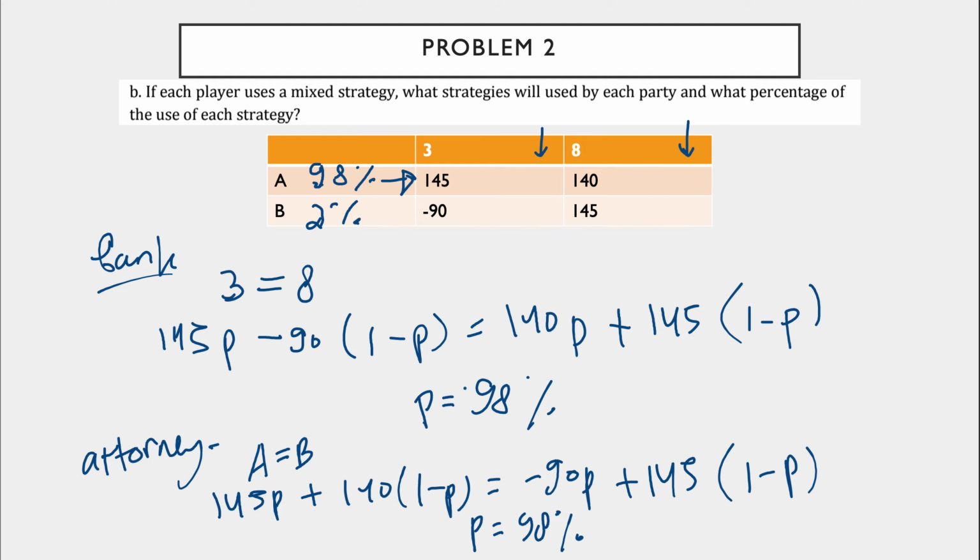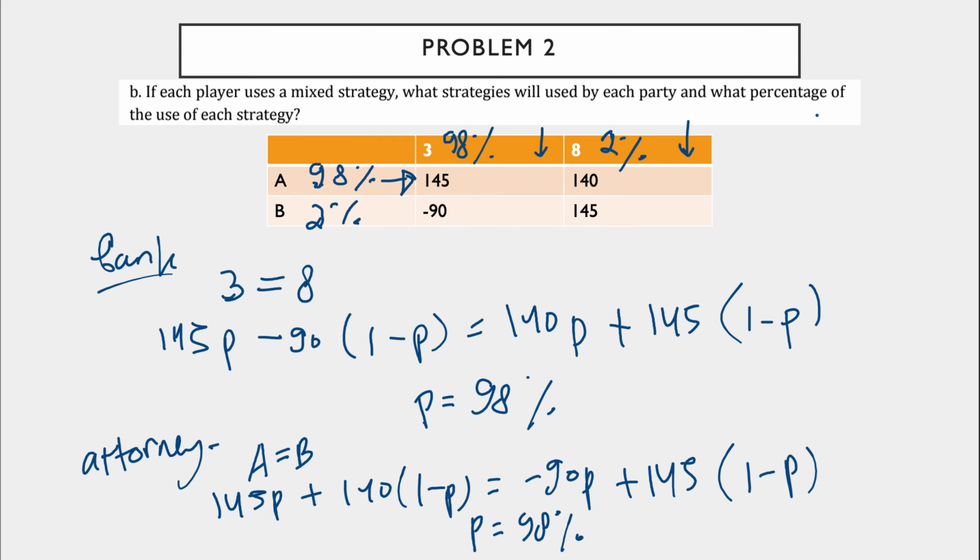To be noted, the probability for each player can be different, but in this question it's a coincidence that they are the same. As we take P for 145 and minus 90, the probability of 98% is assigned to strategy 3. So strategy 3 is used by the attorney 98% of the time, and strategy 8 is used 2% of the time.